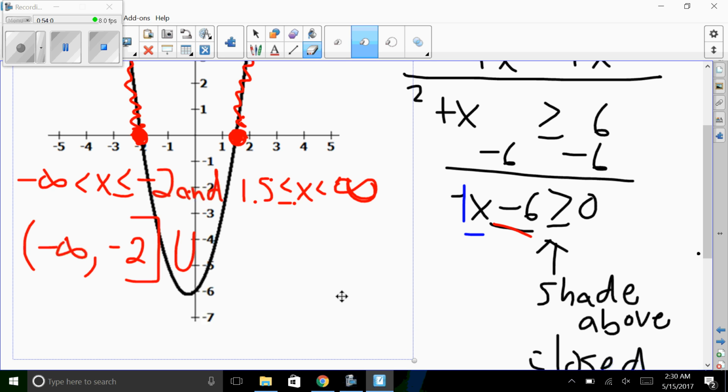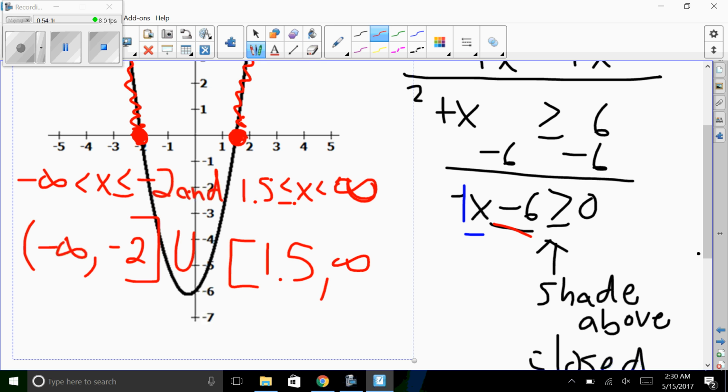And then bracket 1.5, comma, infinity, parentheses. So that's inequality on the top and interval on the bottom.